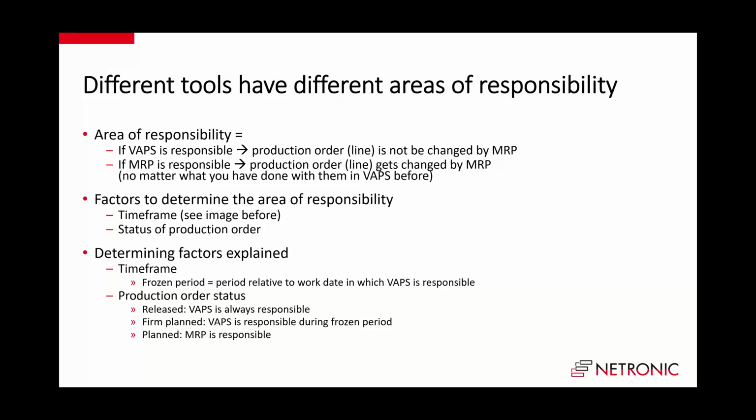And then we say, okay, in addition to this, the production order status should have an impact on what MRP does and what not. And we say, okay, with released production orders, the VAPS is responsible. With firm planned production orders, the VAPS is responsible during the frozen period. And if the production order is just planned, then MRP should be responsible.